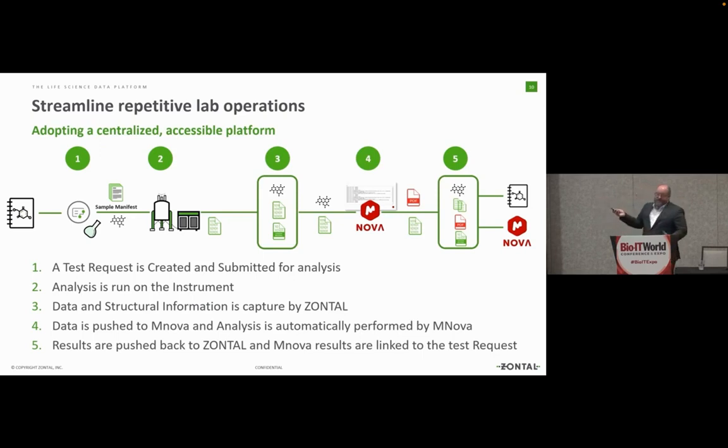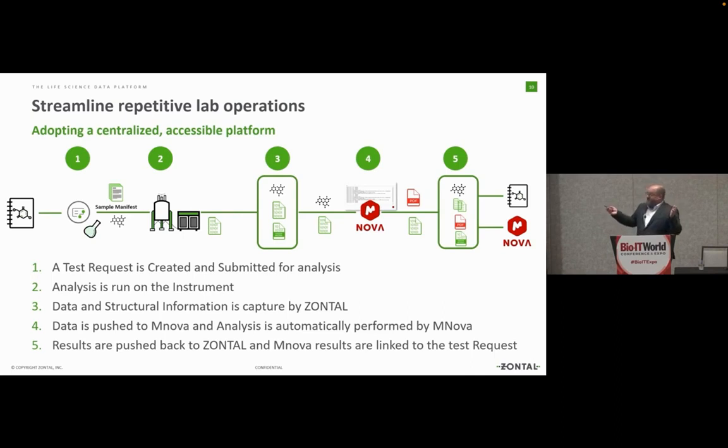And of course, we get that also back from MNOVA, and we put, again, everything into that data package. So we have the planning data, we have the execution data, we have the results as files in this case, because the NMR spits out this nice list of files. And we have the MNOVA results, and we have a nice report because MNOVA spits out a nice PDF report as well.